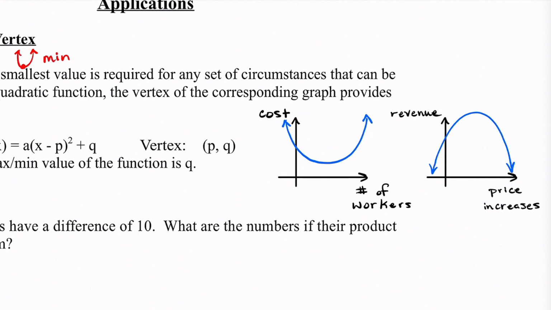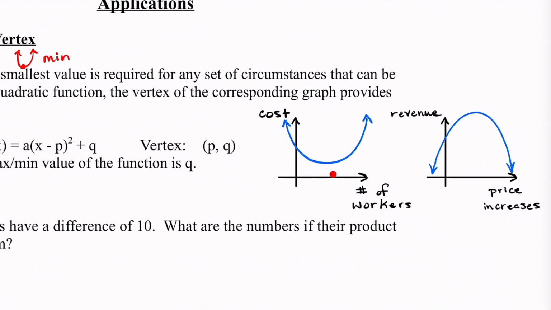As you get more workers, as you start to pay more people, it might cost you more for the workers, but overall you're probably going to get the job done a lot sooner, so your overall costs are going to be cheaper. You're going to reach a certain point where you have the perfect amount of workers and it reduces your costs.